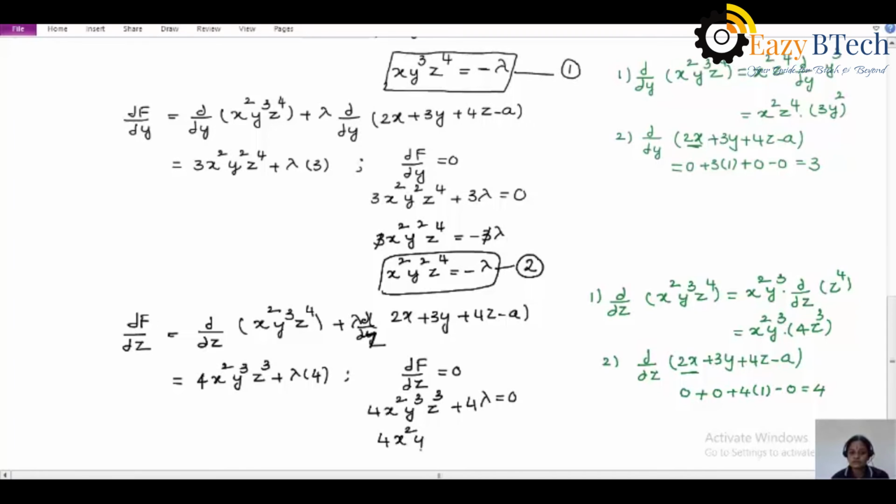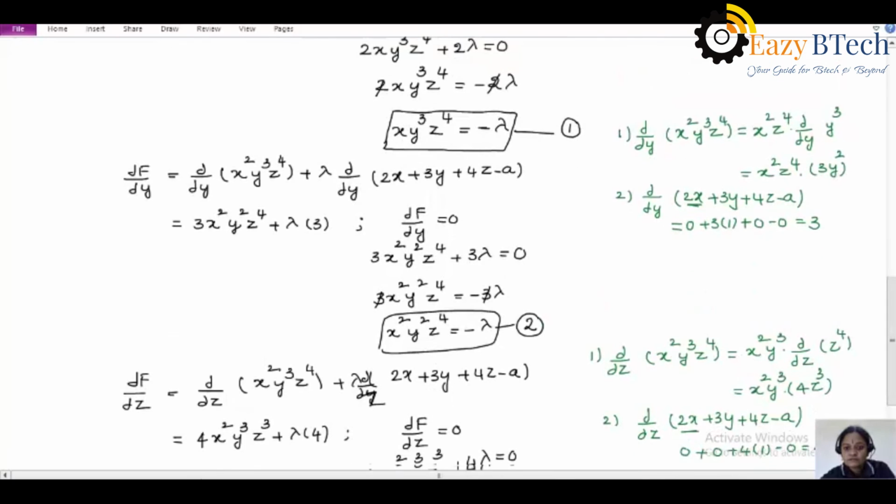Then 4x²y³z³ = −4λ. Then finally x²y³z³ = −λ. So it is equation 3.